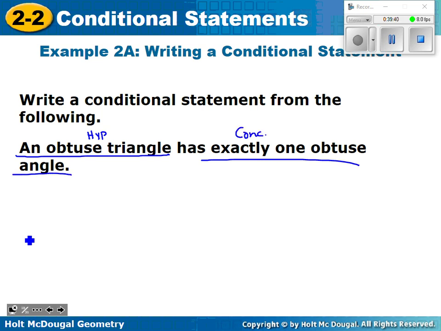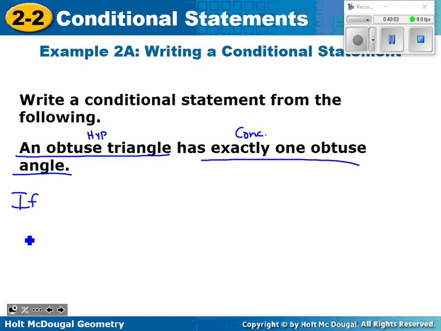Okay, so what we want to do is be able to write that in if-then form. And the hardest part for students is the first part. What I usually recommend is when you start with your word if, and you've picked out your subject, you need to come up with a more broad word for it. So an obtuse triangle is a type of what? Shape or triangle.